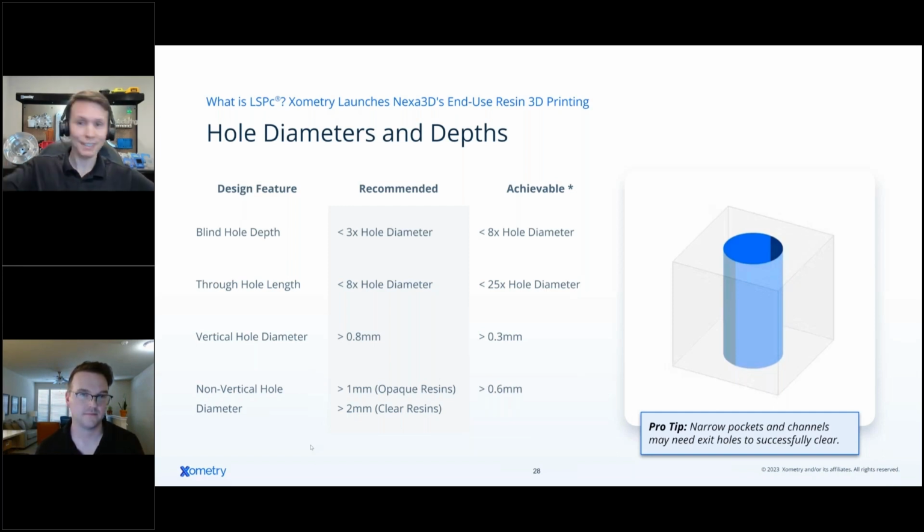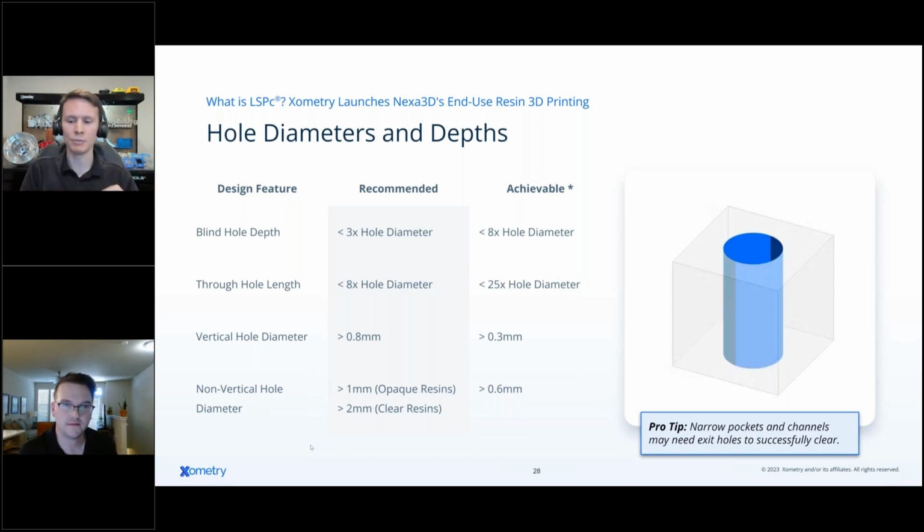Through holes, obviously, I have another hole on the side, so I could clear out a lot more, a lot easier, so I could do a different aspect ratio. Now when we talk about resolution and achievable vertical holes, we have different vertical hole diameters. If the projector is going up and down in that Z direction, 0.8 millimeters is our recommended or higher, but it can go down to 0.3 millimeters.